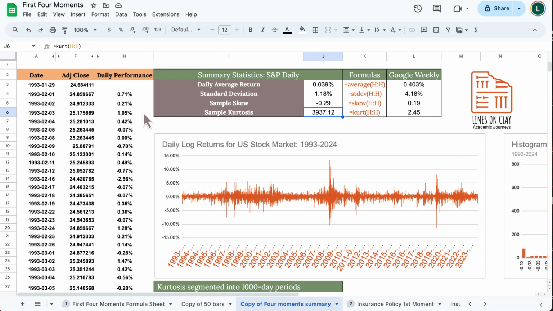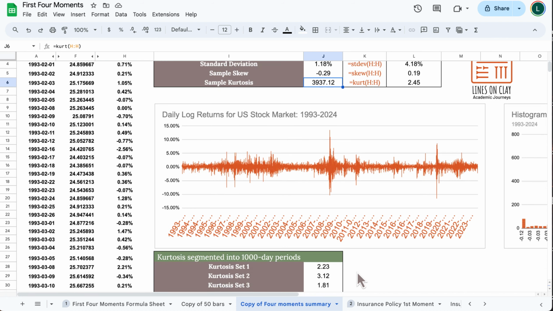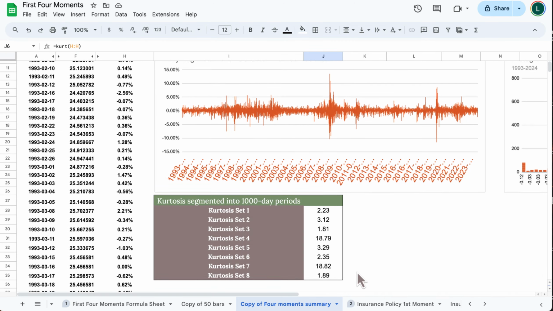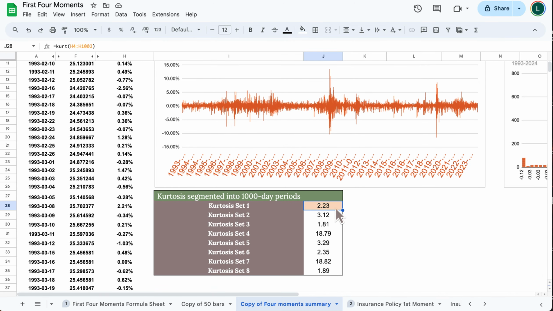My guess is that because it's such a long data series, there are all of these different periods, right? Some of them are messier and there's more going on, some of them are calmer and some of them are crazy. And my guess is that there's just something in that data that's freaking out Google Sheets. There are a couple different ways that you can go about that. First of all, I broke up the entire data set into 8 different periods and asked, what's the kurtosis for those 8 distinct periods?